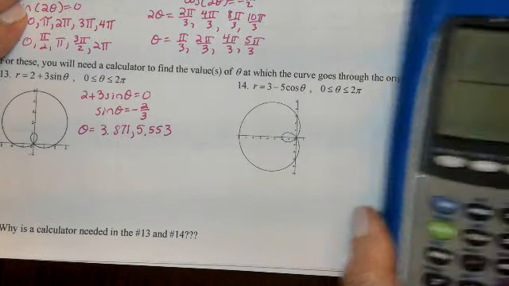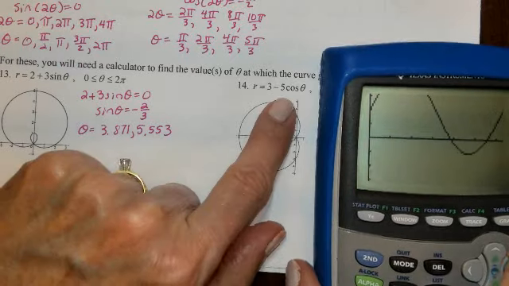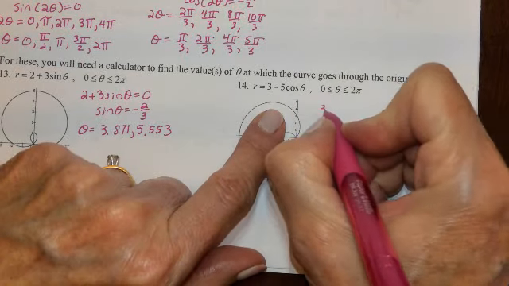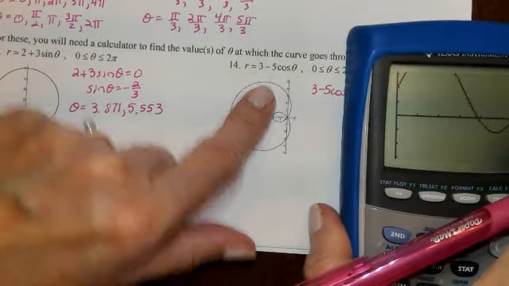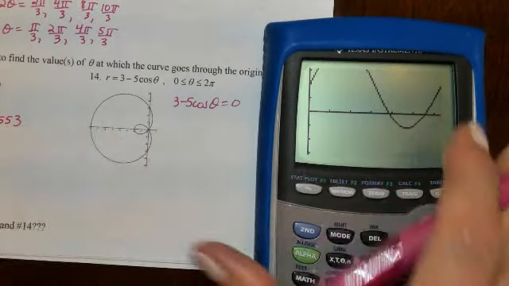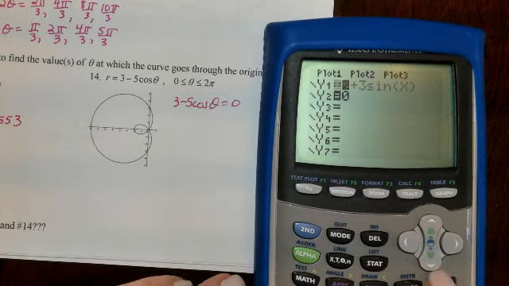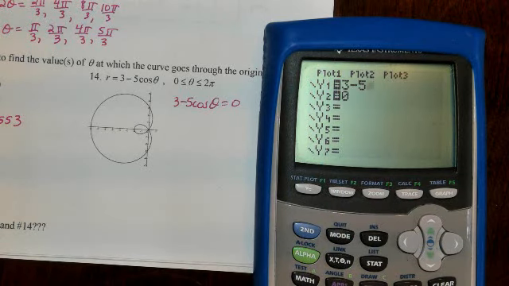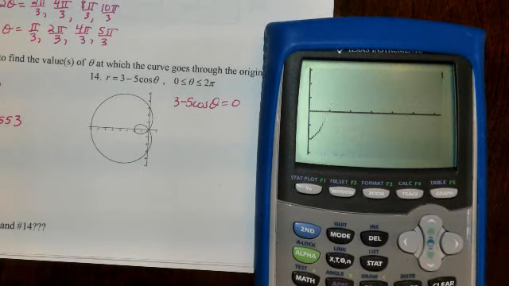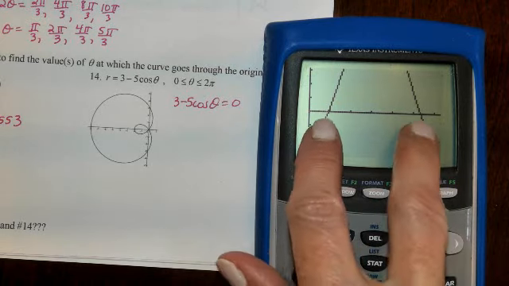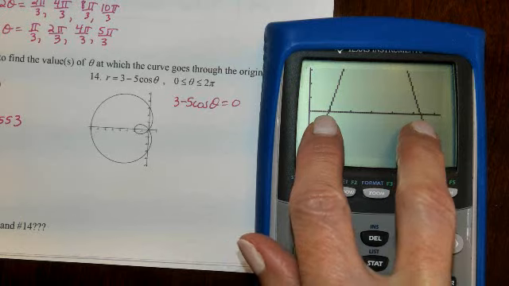Okay, so for this one, let's just set this equal to 0. So 3 minus 5 cosine theta is equal to 0. Let's do the same thing. I've got 3 minus 5 cosine x, and I still have it 0 to 2 pi, so I'm just going to graph that and see what happens. I'm not seeing everything up there, but I really don't have to, because my two theta values are right here.